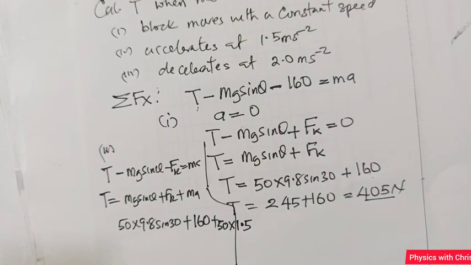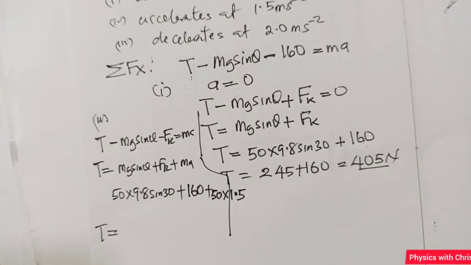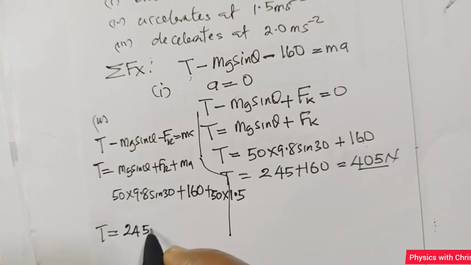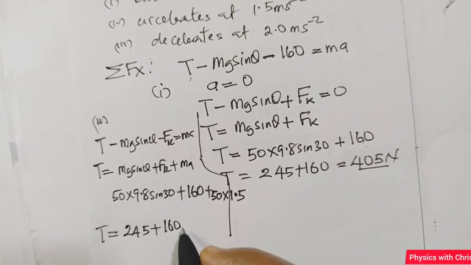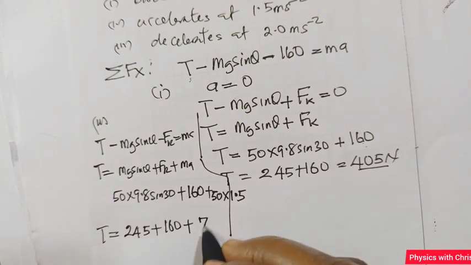The tension in the string when the block accelerates: I have 50 multiplied by 9.8 multiplied by sine 30, which is 0.5. That gives me 245, we've done that before, plus 160 plus 50 times 1.5, which gives me 75.